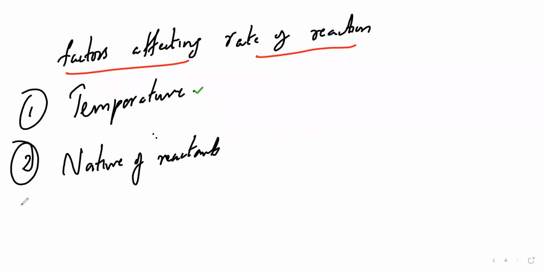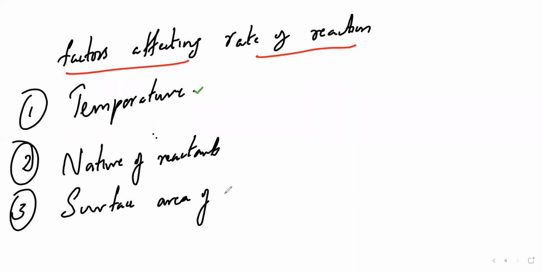So how many of you know about the surface chemistry chapter here? Surface chemistry, adsorption and absorption. Okay, so don't worry, those who don't know, this will also be related to the surface area of the reactants.